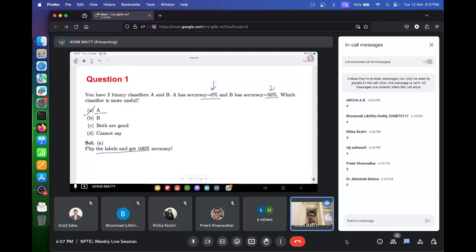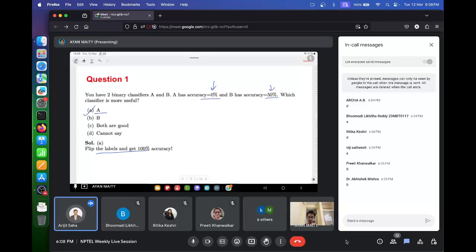Even with 10%, if we just flip the output of A, then for a two class classification problem, it would still be better than B. But if it is a multi-class classification problem, there is no meaning of flipping the output, because there are multiple possible outputs. In that case, this would not be useful at all. But in case of a two class classification problem, it is useful. Just flip the output of A, and it would give me the correct output.